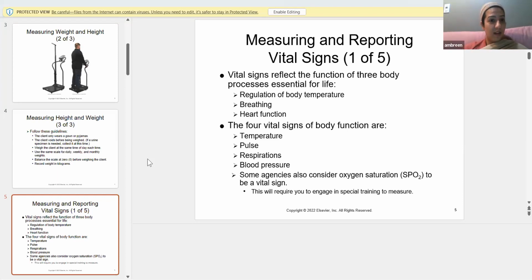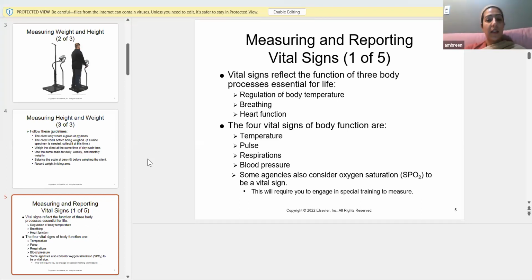Dizziness is connected to the blood pressure. Your patient is not able to breathe properly. He or she is huffing and puffing. We should check the pulse. We should check his respiration.